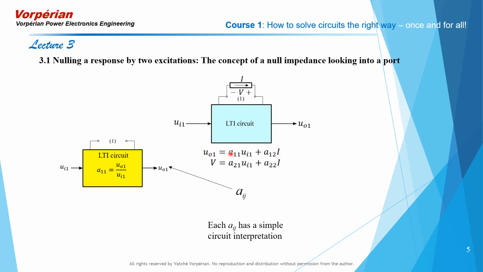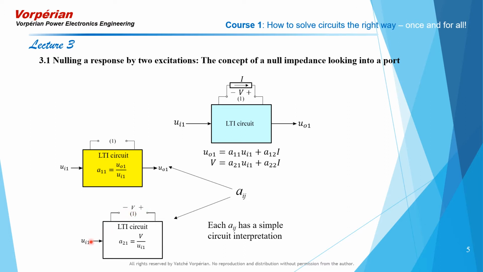You can see that from this equation here. On the circuit diagram, you see that this is indeed a transfer function on this linear time invariant circuit with port 1 open circuited.